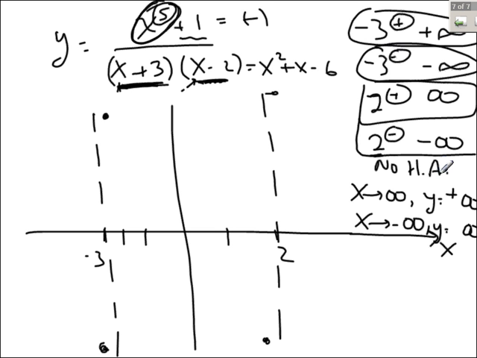In the bottom, you have a very large negative number, and you add 3 to it, it'll stay negative. If you take away 2, it'll get more negative. We now have a negative divided by a negative times a negative. Well, that's a negative result. So when x is negative, y goes to negative infinity.